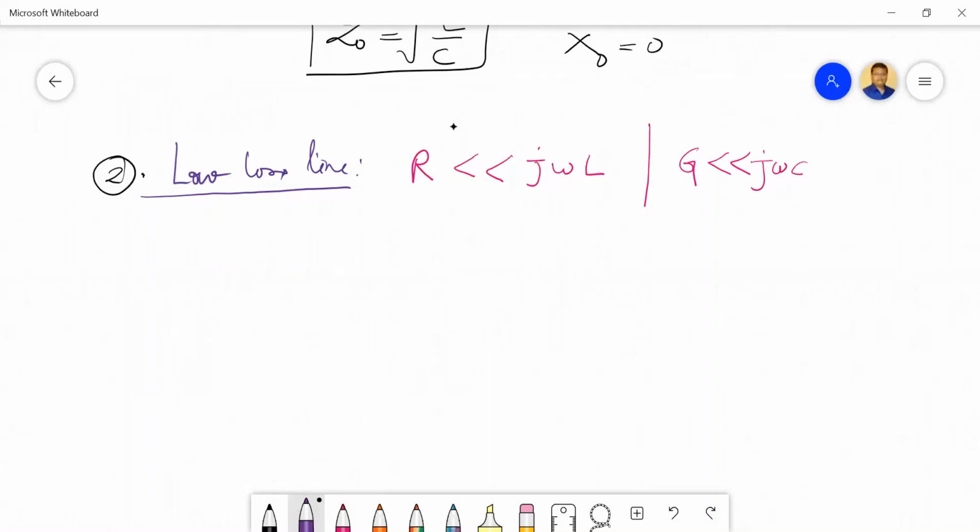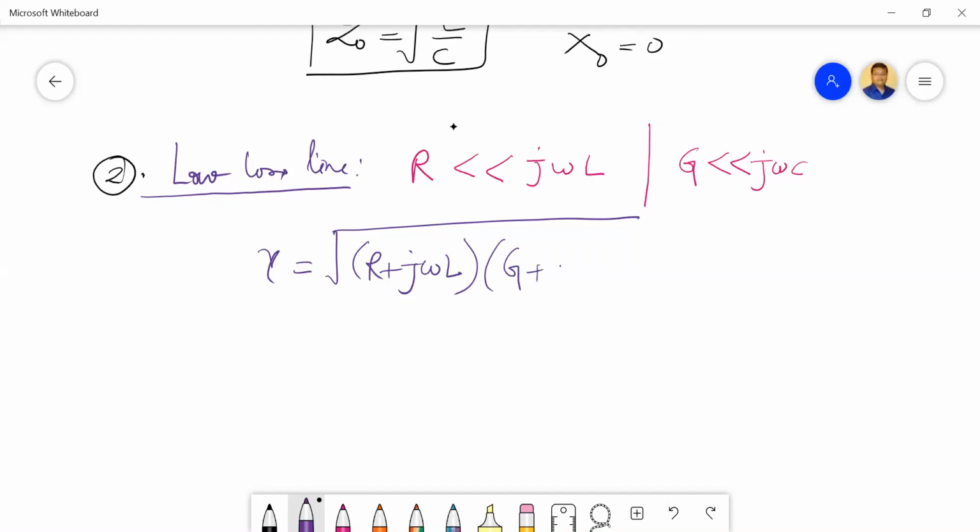Now rewrite the gamma once again. So gamma is under root (R plus j omega L) times (G plus j omega C). Now how can we accommodate these things? It is better to write them in numerator and denominator, fractional form.